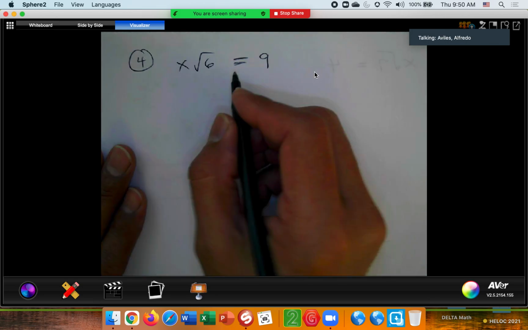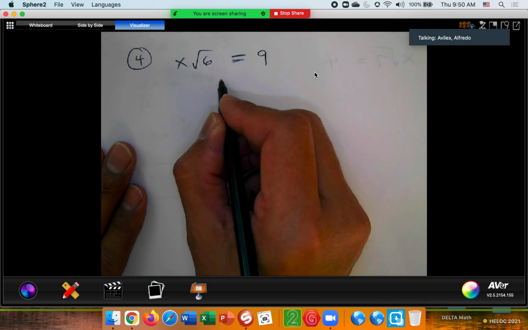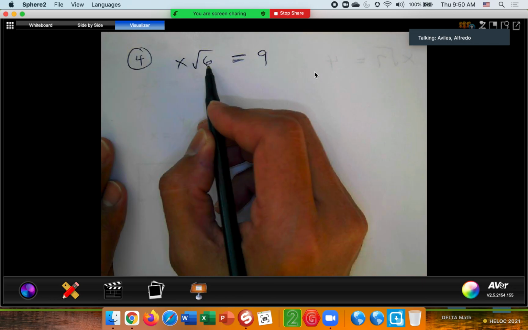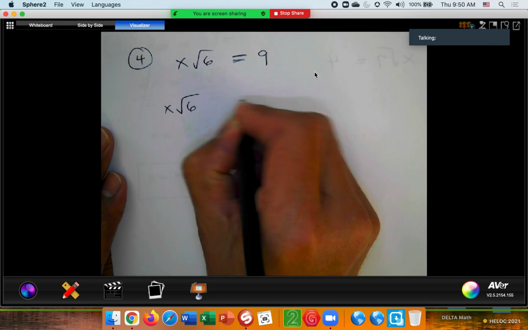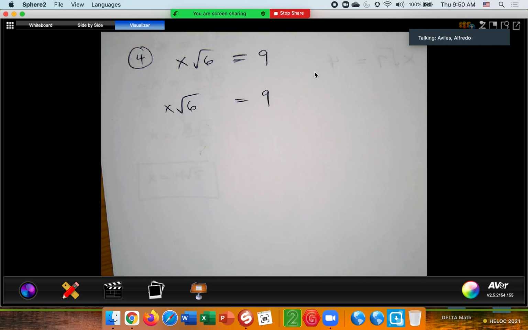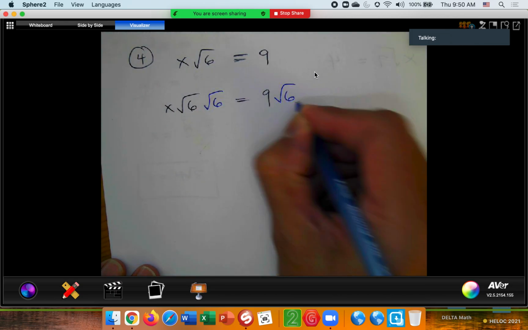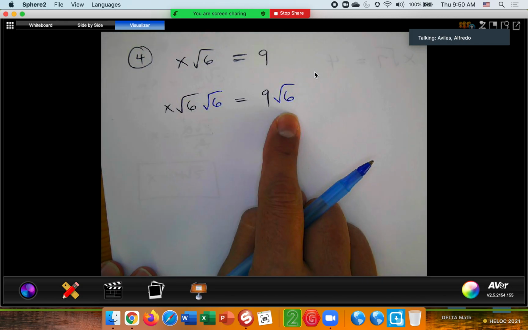So I don't want this, I want this a whole number 6, not a radical 6. What can I do to make it a whole number 6? Multiply both sides by what? Another one, right? Another one here and another one here.